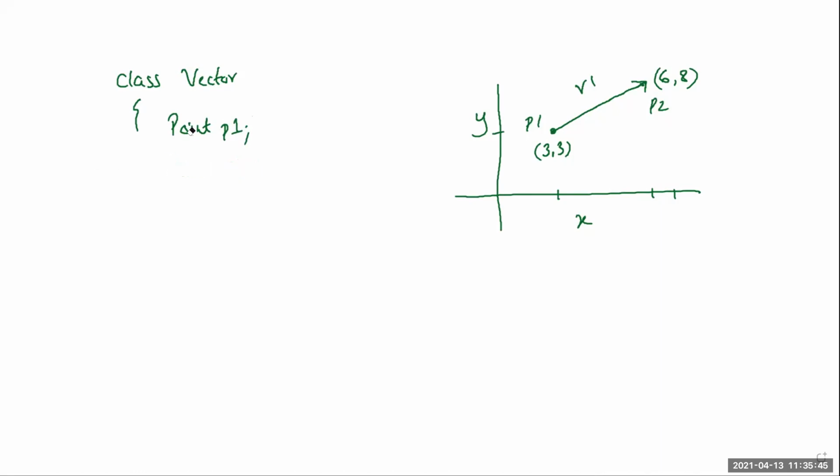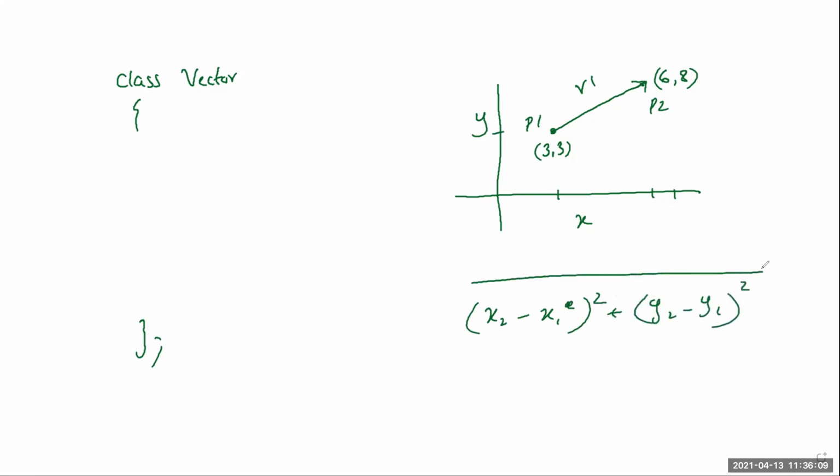Let's suppose now I ask you that for this vector class, you have to overload an operator which can find the magnitude of this vector. Okay, and what is the magnitude of a vector? I'll just remind you, it is x2 minus x1 whole square plus y2 minus y1 whole square, under root.